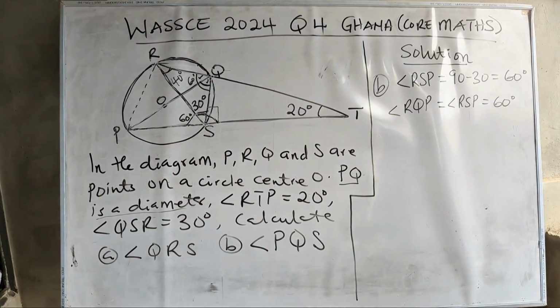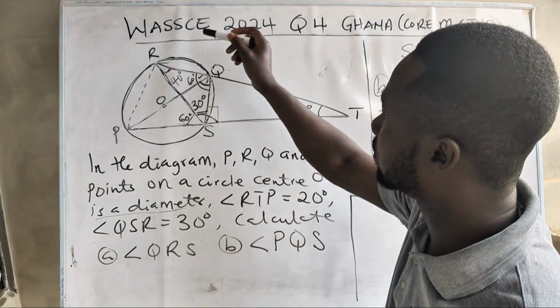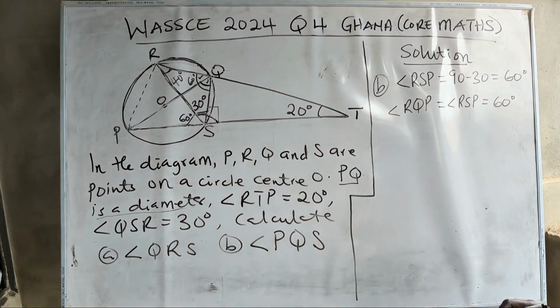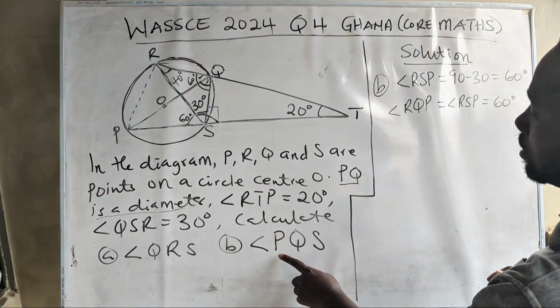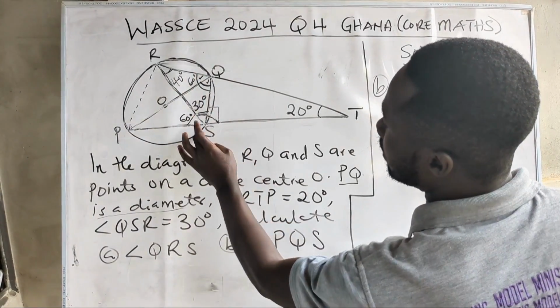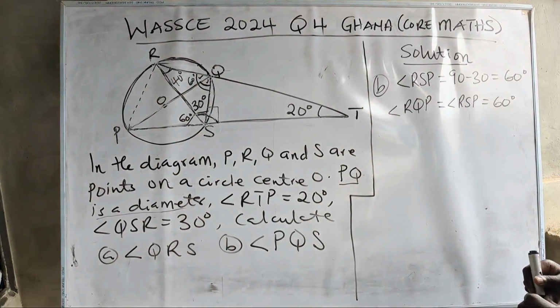Okay, and if that is the case, then what are we going to do now? The sum of the interior angles of a triangle sum up to 180 degrees. So I can say that the angle I'm looking for, angle PQS, is the angle which is left.